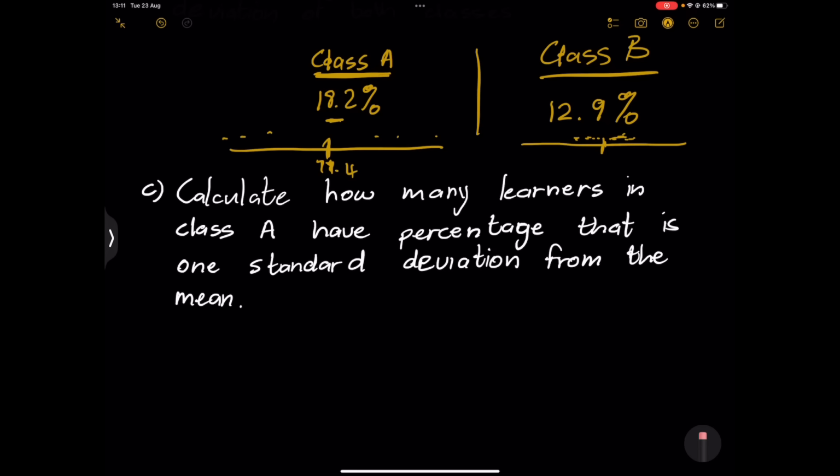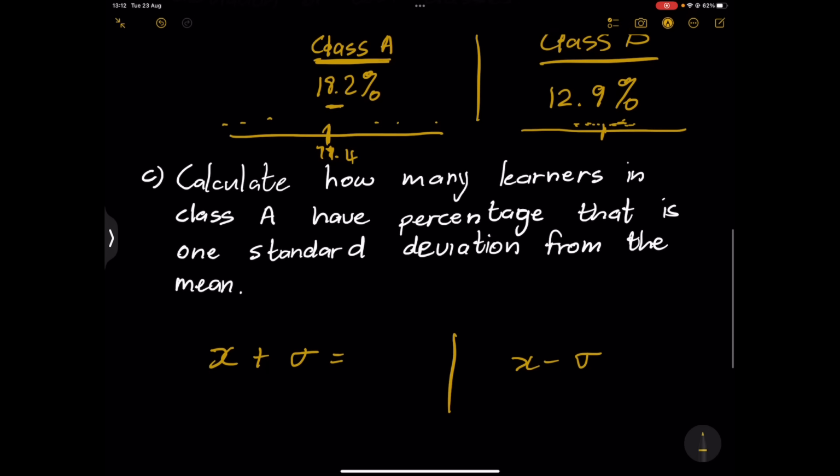They didn't tell us whether above or below the mean. So in this case, I'm going to take two values: x plus our standard deviation, and also x minus our standard deviation.